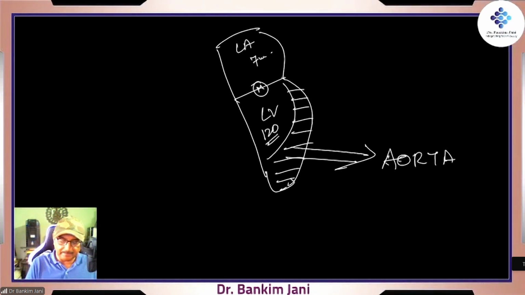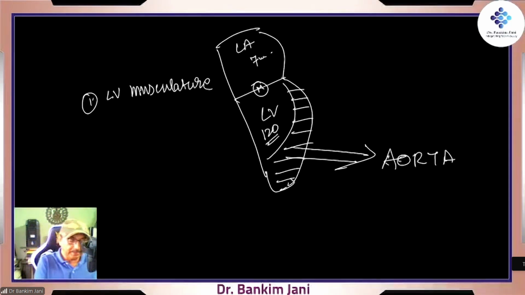There are multiple reasons. One is because of the left ventricle musculature. It is that thick, that powerful. The second reason is sufficient time. That is when the left atrium starts pushing the blood into the left ventricle.